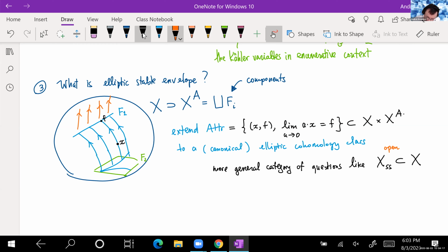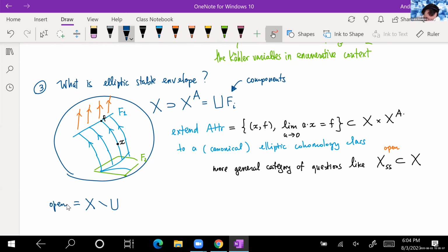Now, what does this really mean in elliptic homology? Typically what happens is I have an open set, which is X with the attracting manifolds taken away. I already have so many U's, and it conflicts with the union, so I'll just write the word open.